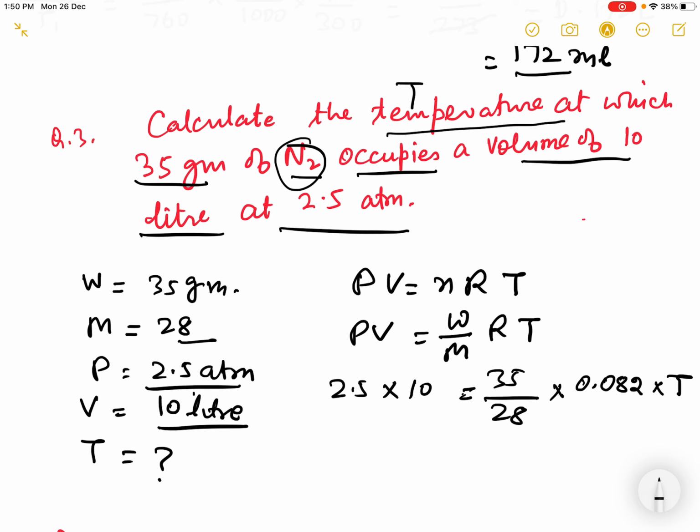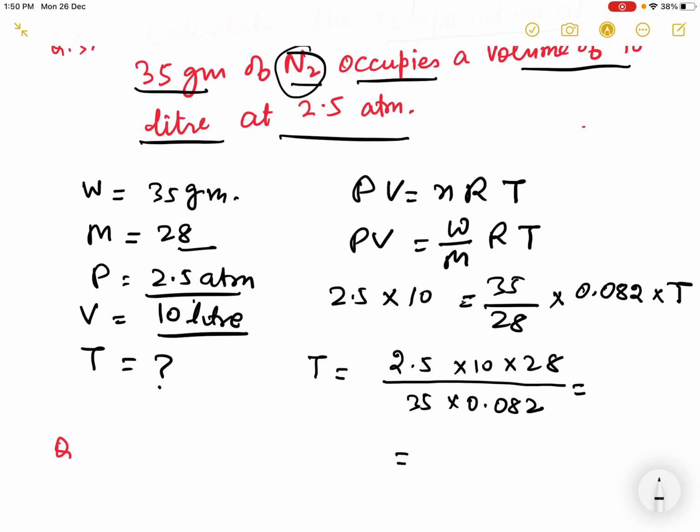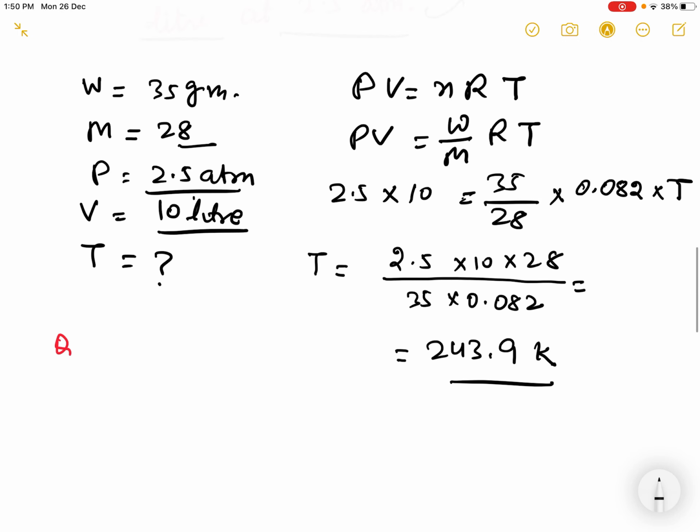So we get T is equal to 2.5 into 10 into 28 divided by 35 into 0.082, and if we calculate it we get 243.9 Kelvin. So this is the temperature at which 35 gram of nitrogen occupies a volume of 10 liter at this much of pressure.